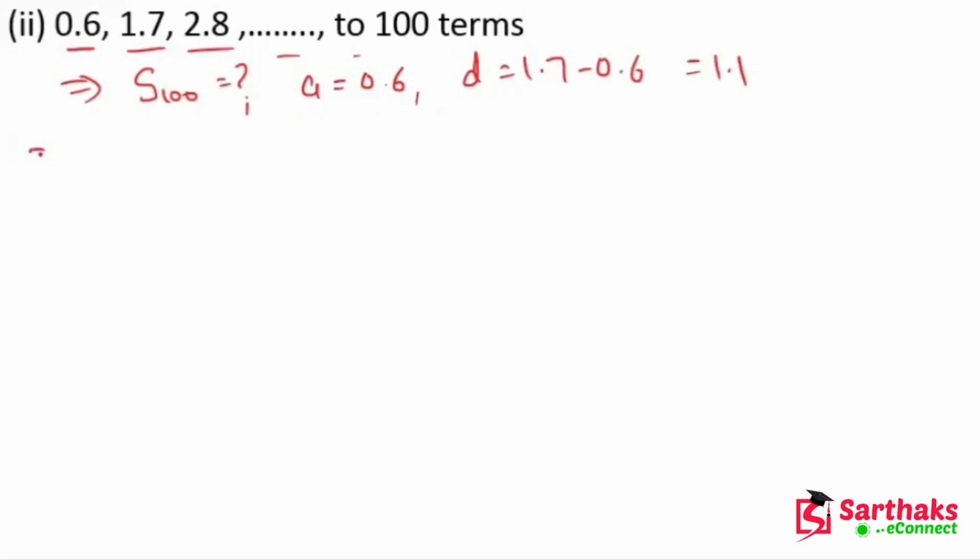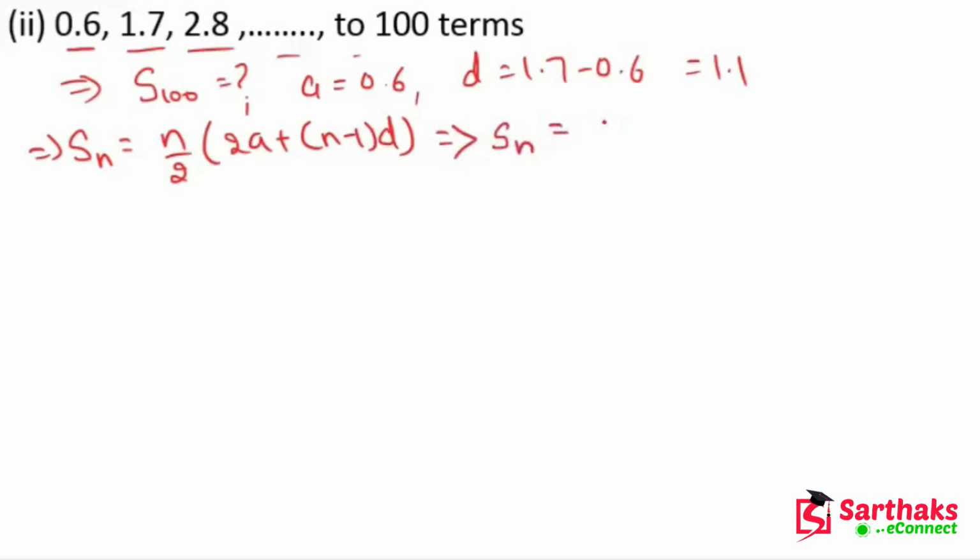Now the formula of Sn is n upon 2 times 2a plus n minus 1 into d. Now we are putting the values in the respective terms. S100 is 100 upon 2, 2 into 0.6 plus 100 minus 1 into 1.1.